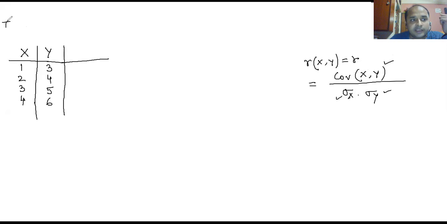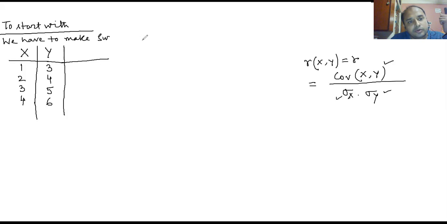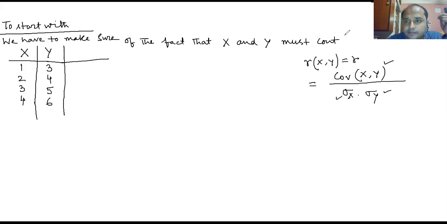To start with, we have to make sure of the fact that capital X and capital Y must contain the same number of items.